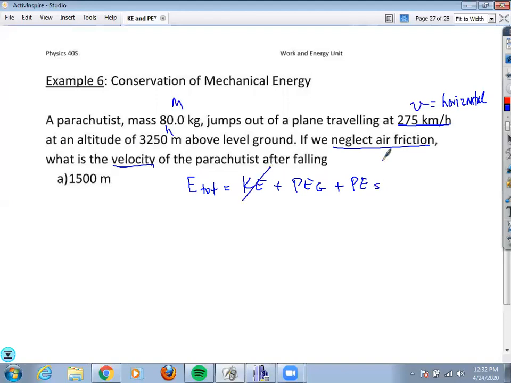There is no spring involved, so the total energy of the parachutist initially is equal to its gravitational potential energy, which is equal to mgh, which we can find: 80 kilograms times 9.8 times 3250 meters.